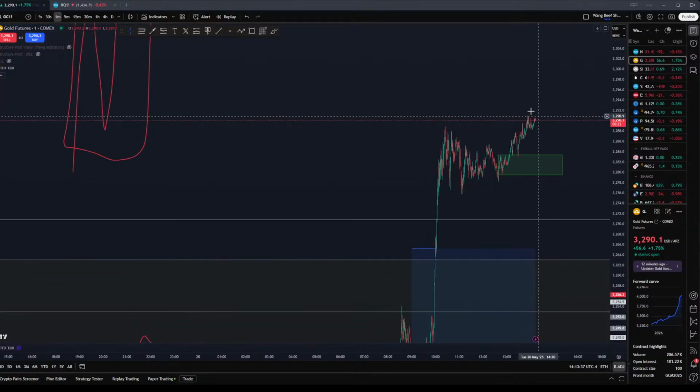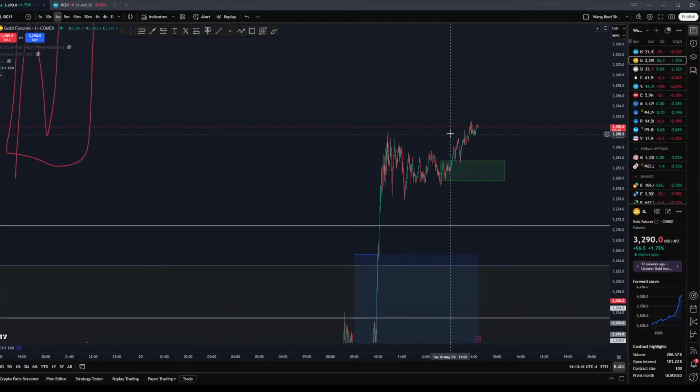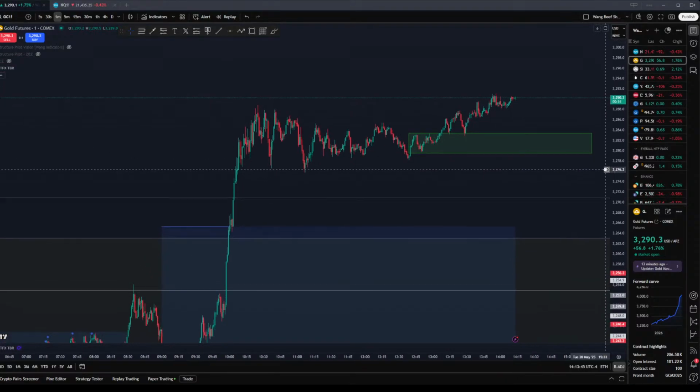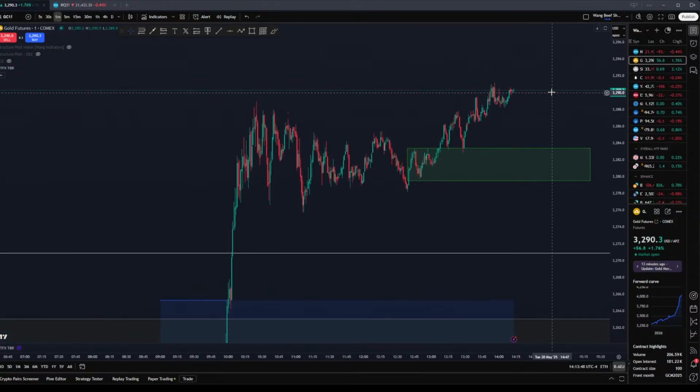I'm not looking for a long setup at the highs in here, but I have no confirmation as of yet. Something that closes below this, no close, no close. There's nothing here for me now. Price keeps grinding up.